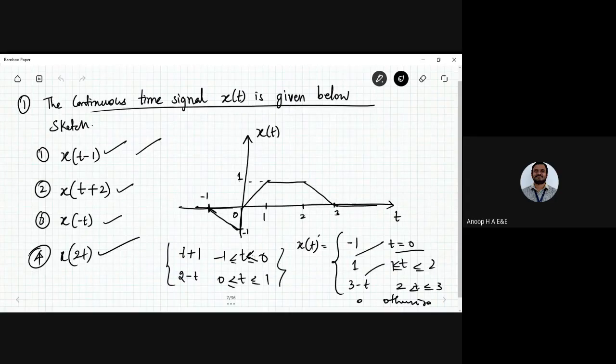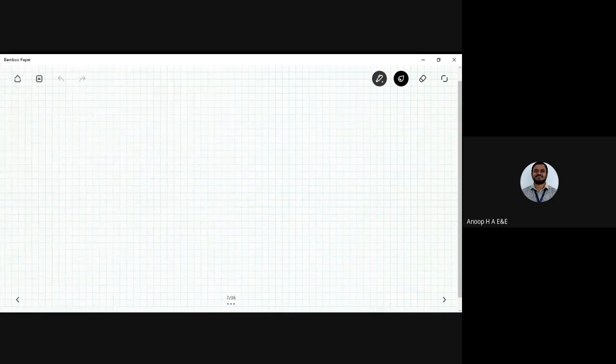See to it that in the next class, if you do not have any doubts, you will definitely sketch the signal, and in the next class, from 11 to 11:45, we are going to solve some problems based on the previous year's questions.